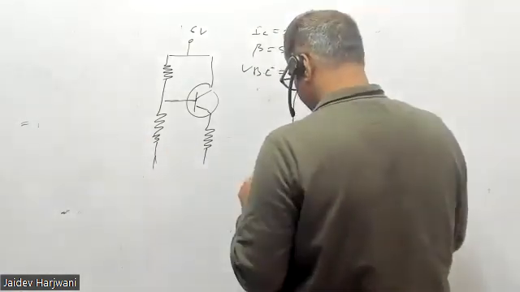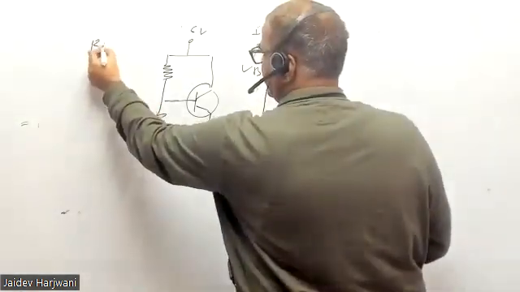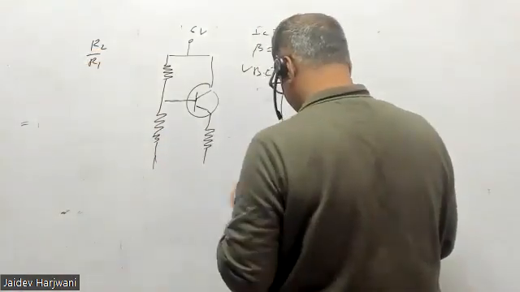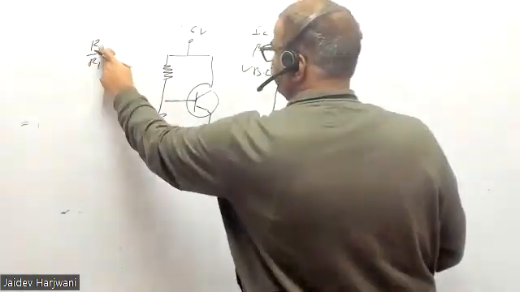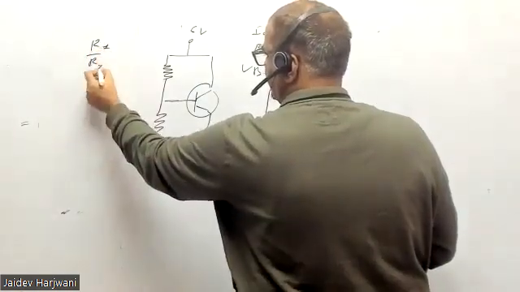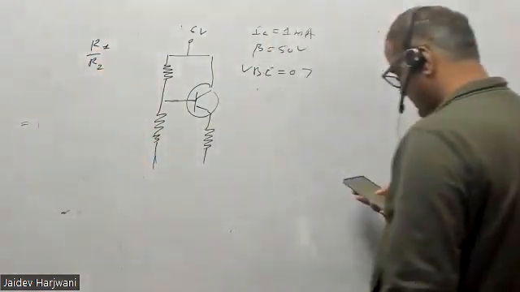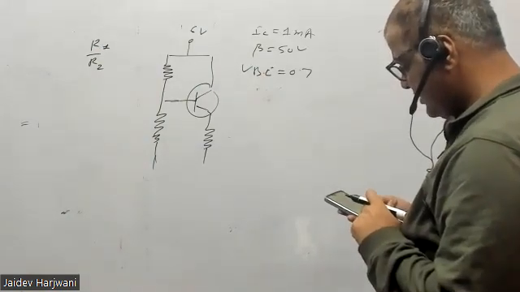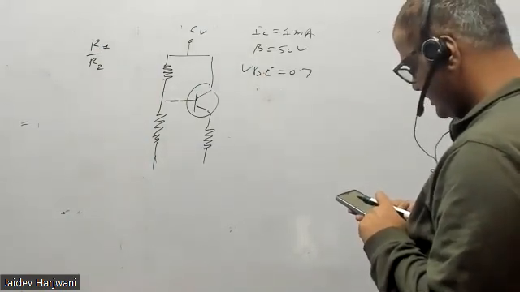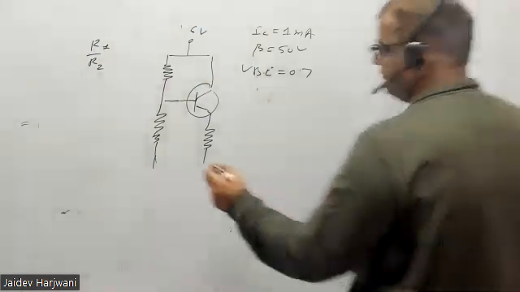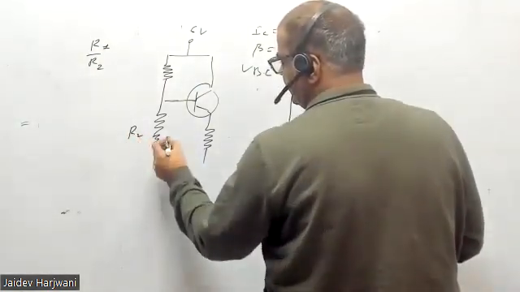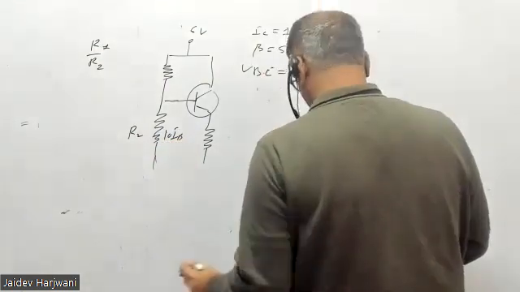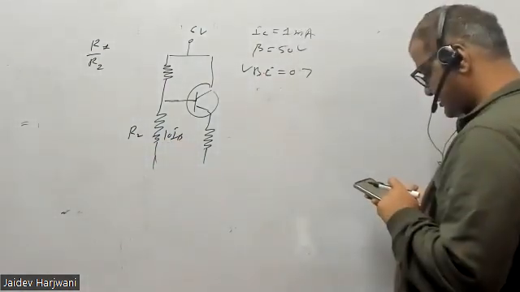And you have to find the ratio R1 by R2. R1 upon R2 ratio is asked. And they say that the current through R2 is 10 IB. Then what is the ratio?